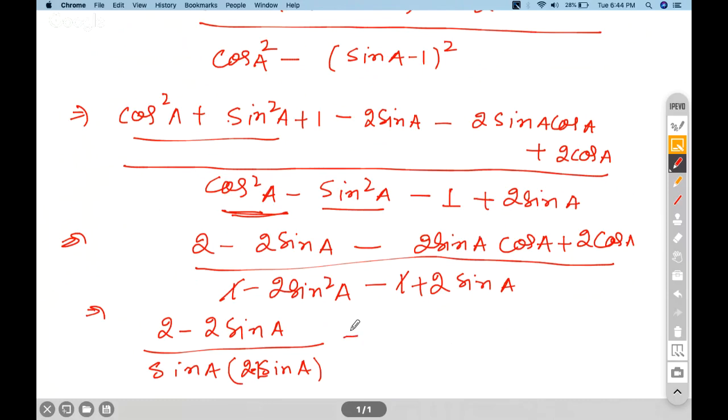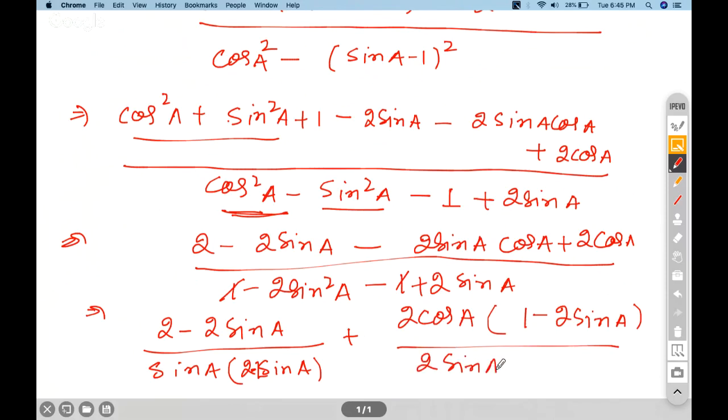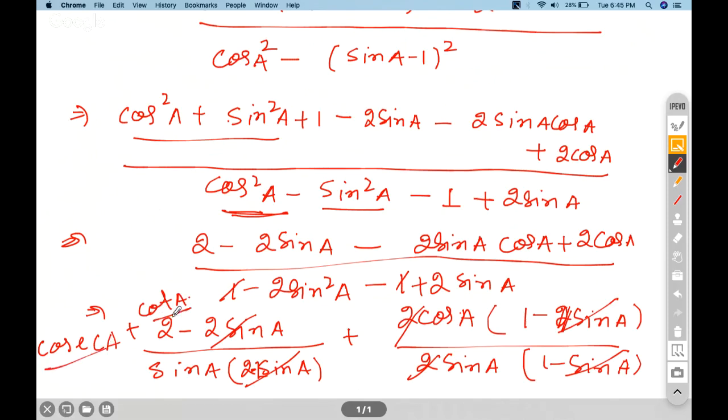And what I'll do here is I'll write this as 2 cos A common and 1 minus 2 sine A, and this is nothing but 2 sine A. No, this is not 2, this is only 1 because I have taken common. 2 sine A, 1 minus sine A. So this and this is gone, and this is gone. This is 1 by sine A. 1 by sine A can be written as cosec A, and this is 2 gone. Cos A by sine A can be written as cot A. So this can be done like this.